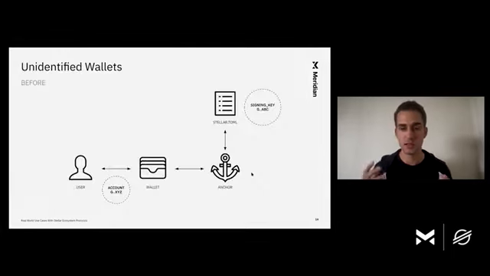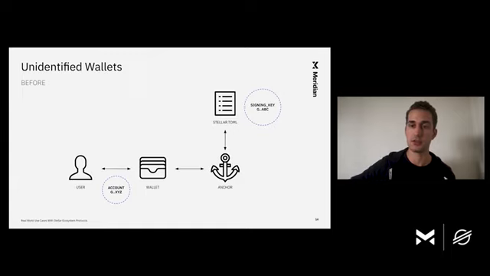So to get a better visualization of this, this is what a typical authentication scheme looks like. You have a user with a Stellar account, and this Stellar account is imported into the wallet using some mechanism. And the anchor on the other end hosts a public file at a well-known domain with a signing key. And this file is how the user or wallet knows the account by which the anchor should sign the challenge transaction when they authenticate.